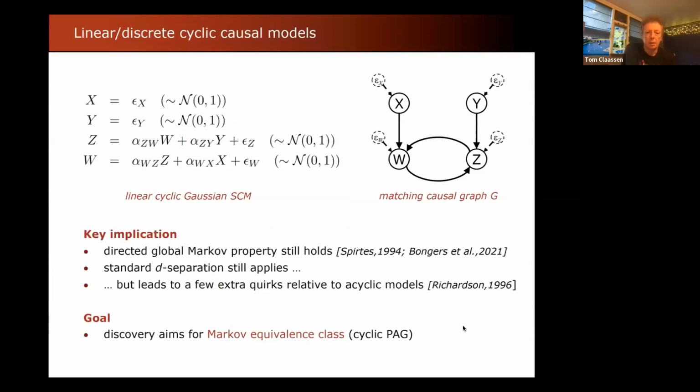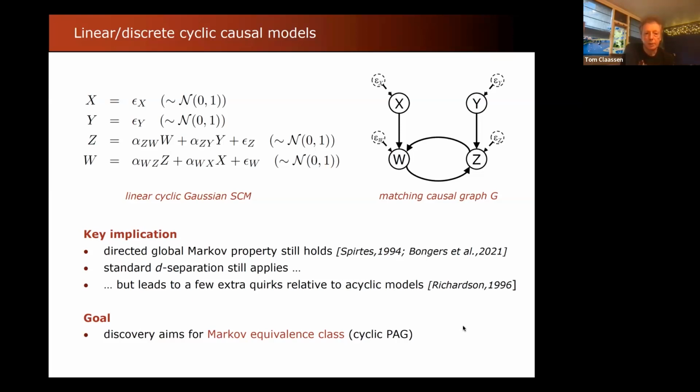So for our settings, we take certain simple systems. In this case, you can consider, for instance, a linear cyclic Gaussian structural causal model depicted on the left-hand side, which is essentially a set of equations that describe how the values of the variables x, y, z, w on the left-hand side of those equations depend on the settings of the other variables.